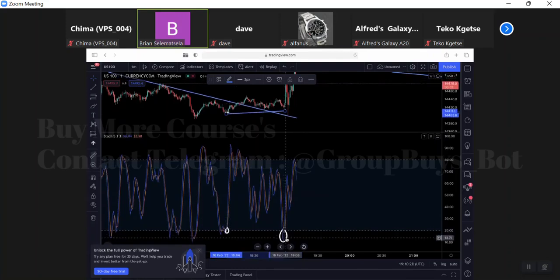When the stochastic was there, the market was there. That's what we call divergence, which is a technique that we use in order to make any form of entry on the markets.